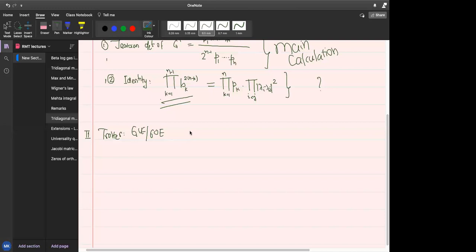Okay, so what is GUE or GOE? I defined GUE last time, so let me define GOE in a different way today. So what is GOE_N? You look at the set of all n cross n real symmetric matrices.